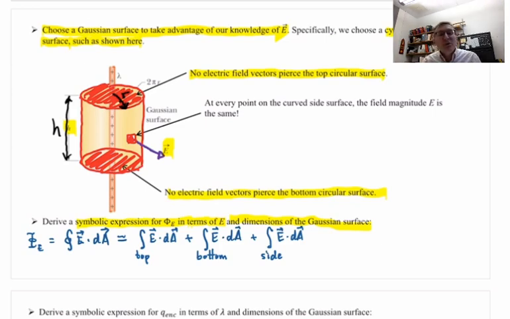Okay? Notice I did put a little circle on the integral symbol right there because the Gaussian surface is that closed cylinder. Circle means it's a closed surface. Notice I did not put a little circle on any of the other integral symbols you see there, over the surface integral on the top part, or on the bottom part, or on the side part. Do you see why I didn't? It's not an oversight.